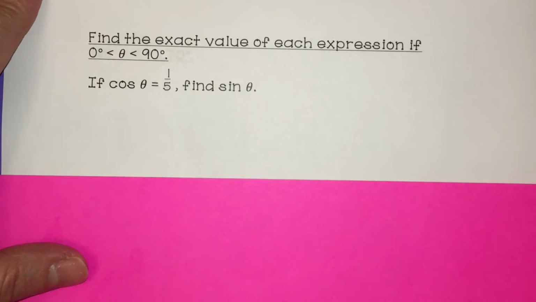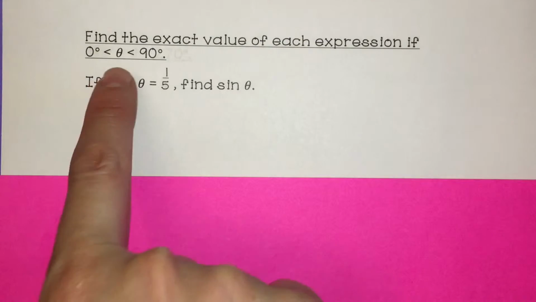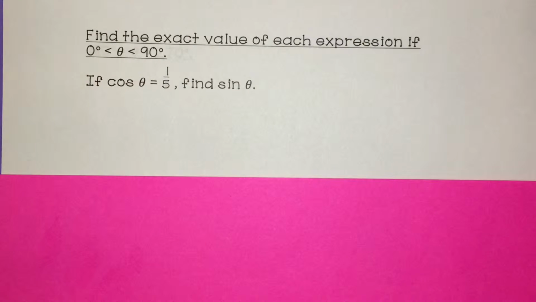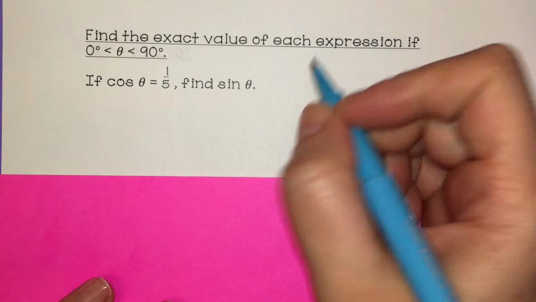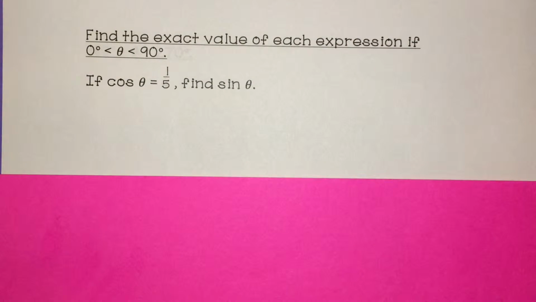So we're going to find the exact value of each expression if theta is greater than 0 degrees and less than 90 degrees. In this first quadrant, I know that both cosine theta and sine theta are positive. So I don't have to worry about figuring out if the answer is going to be negative or not because they're both positive.